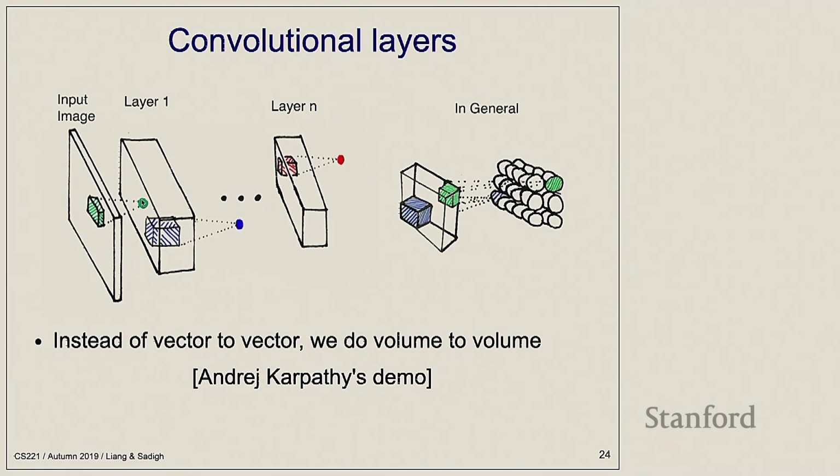And the reason why the output is also a volume is because you have multiple filters. So over here, for example, this blue filter, when you slide it around in the input, is going to give you this plane of outputs. But then you have a second filter, this green filter, that you can also slide around the input, and that's going to give you a second dimension to your hidden states.